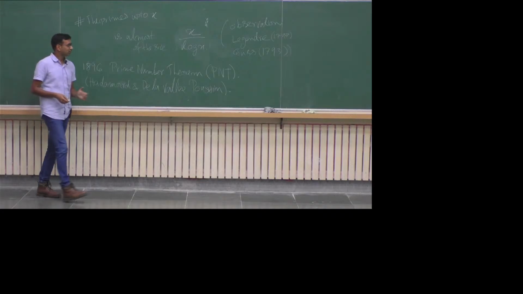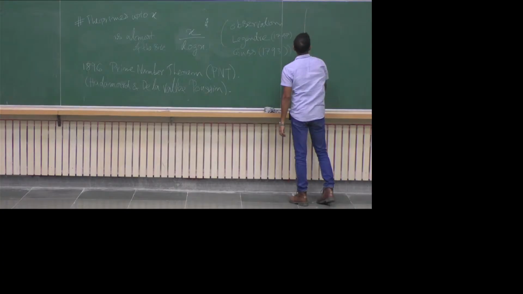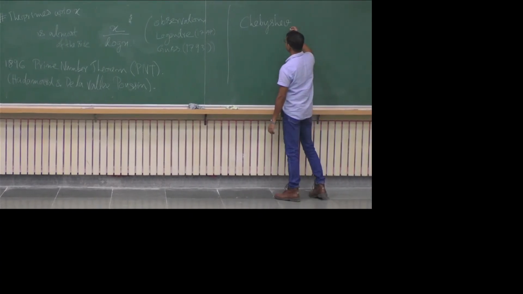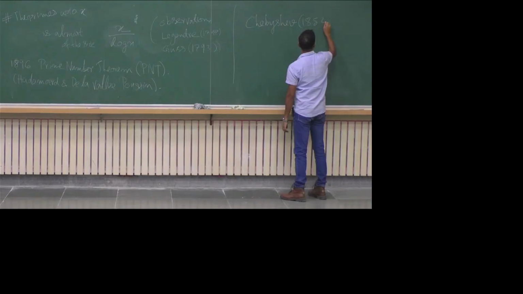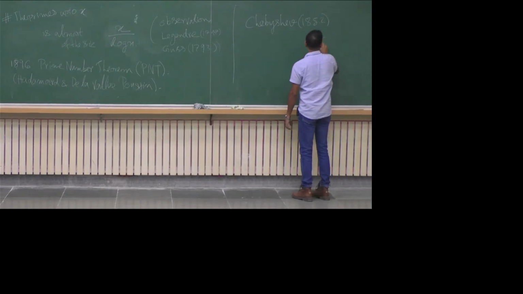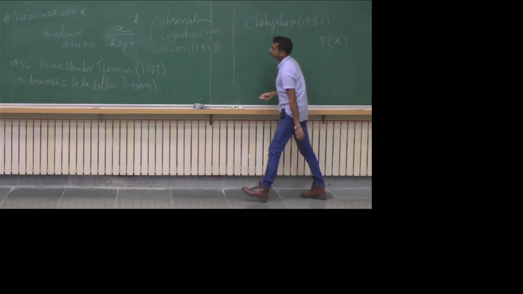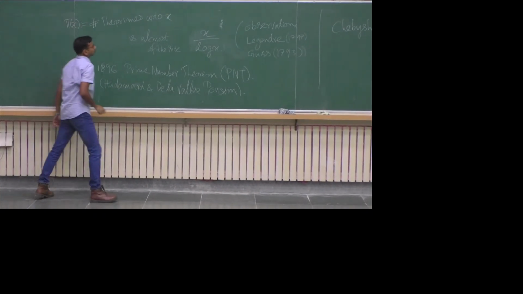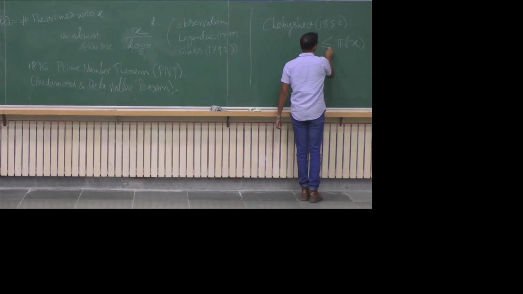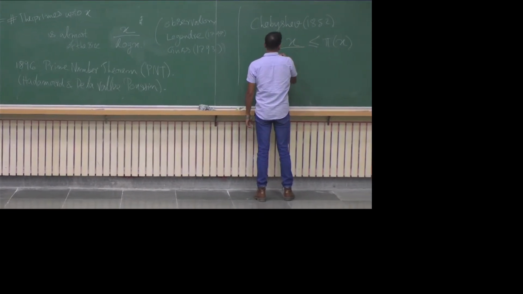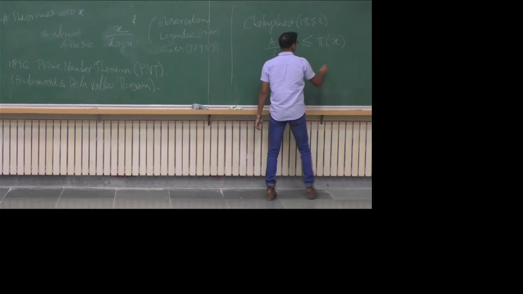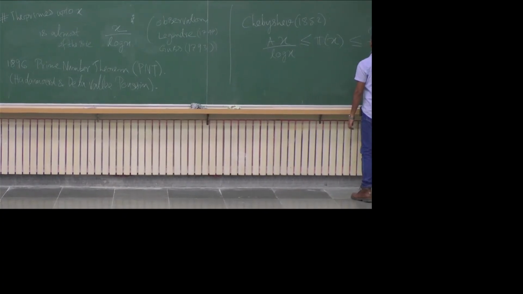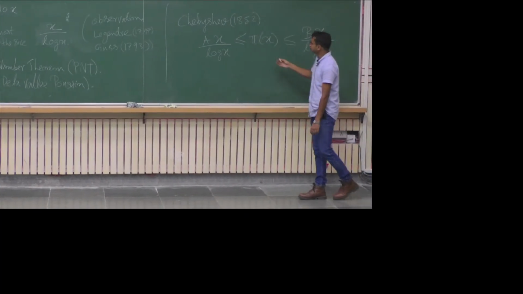But even before that, Chebyshev obtained a quite nice result. He proved that, around 1858, there exist two constants A and B between which pi of x will be bounded.